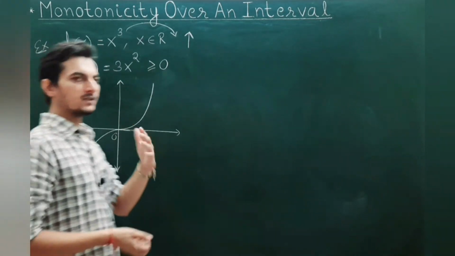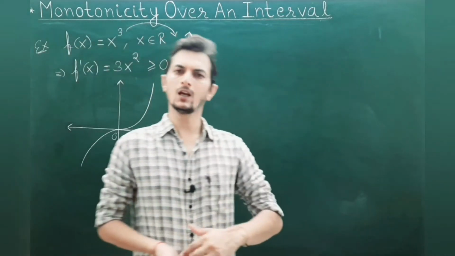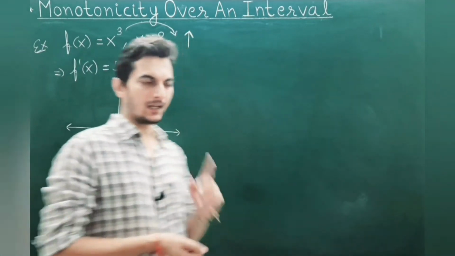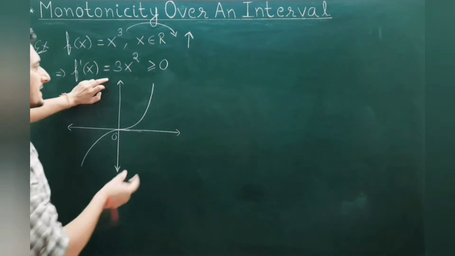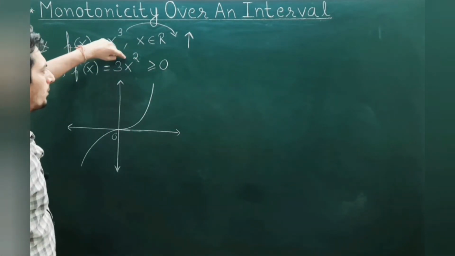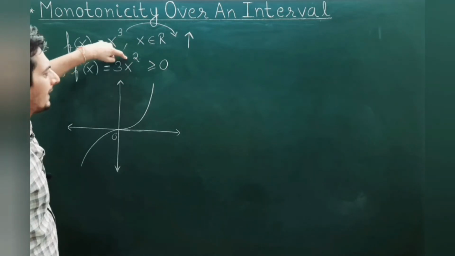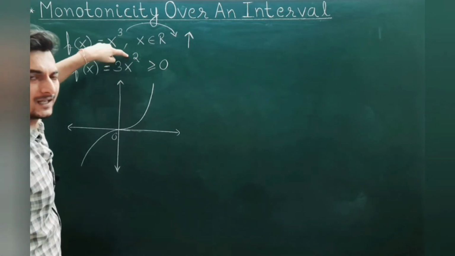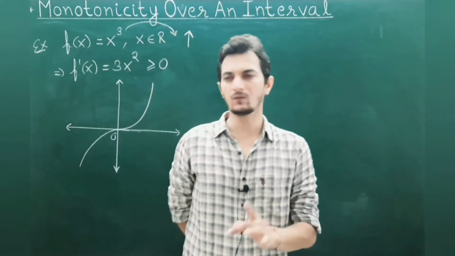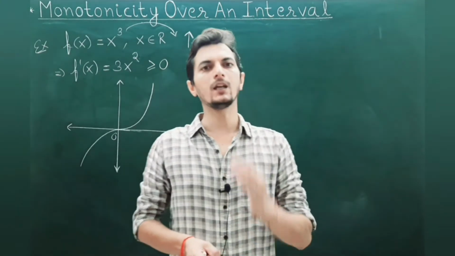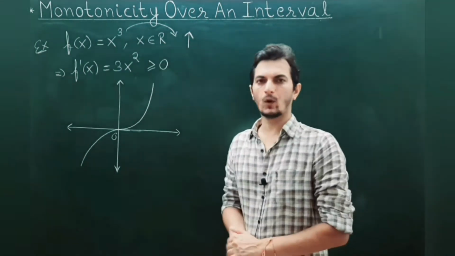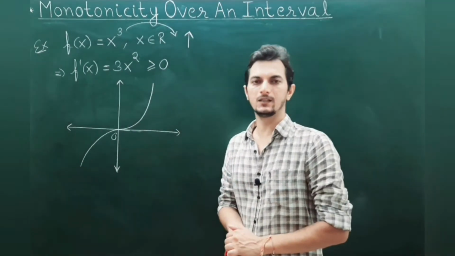Since the derivative is 0 at x equal to 0, you can check by the other test you read in the previous class, that if derivative is 0, we check the sign of the right hand derivative and left hand derivative. You can see that for 0 plus h it is h square, positive, and for 0 minus h, again h square, positive. So right hand and left hand derivatives both are positive, therefore it is showing strictly increasing behavior at x equal to 0 also, and at the rest of the points it is positive, so it is increasing there, right?